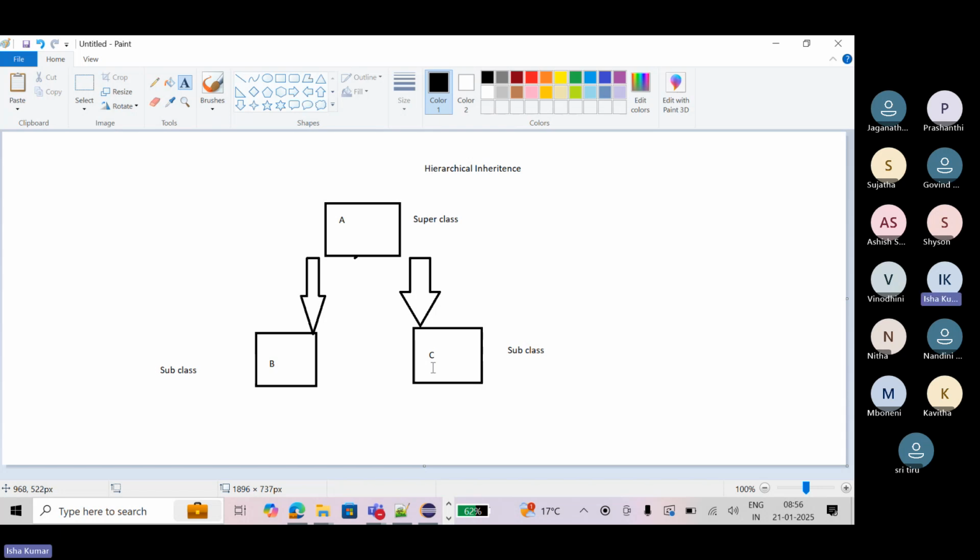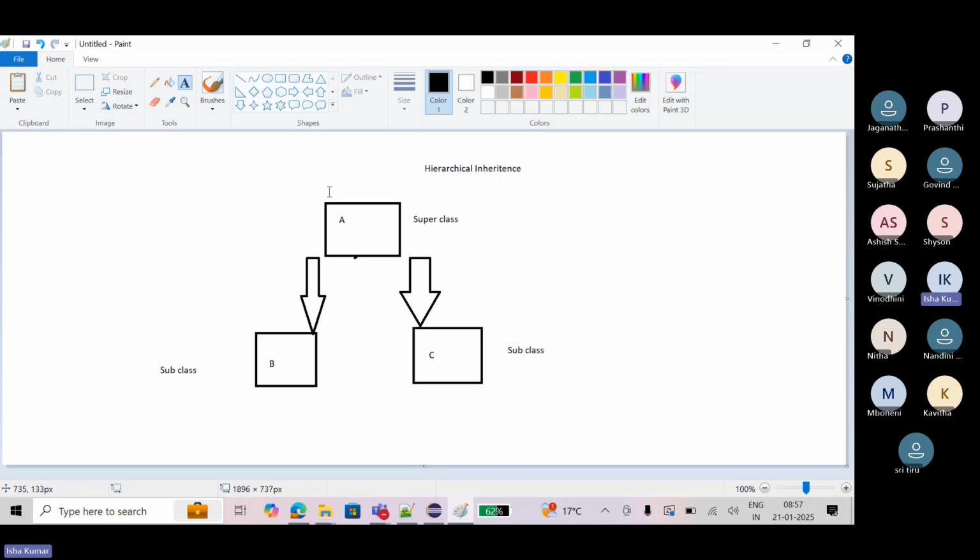B is a child of A. C is also a child of father A. But B and C are not brother and sister. It means this guy has married two wives, right? So hierarchical inheritance is like that only.